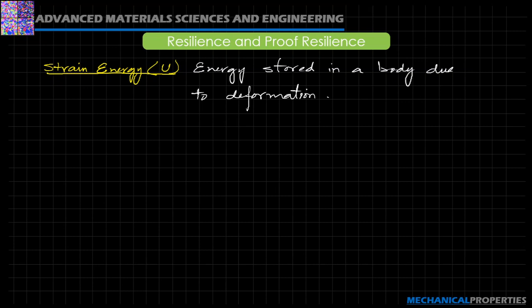Let us now discuss how strain energy comes in any of the object or body. Once any material is deformed, means to cause the deformation some force is applied. So we can say the force has done some work on the material in the form of deformation of the object. Same work is in fact stored in the form of energy in that very body. That energy is known as the strain energy.